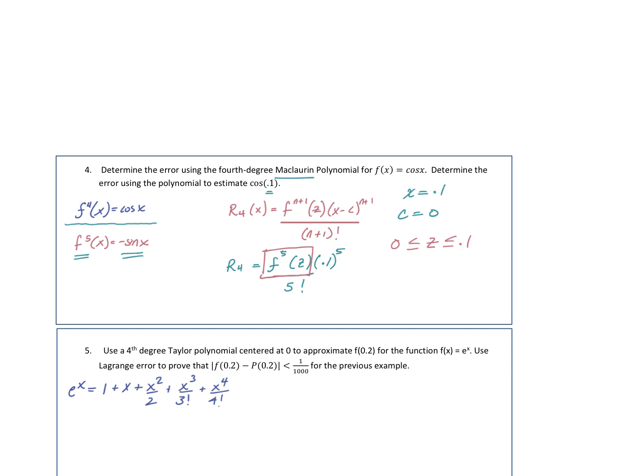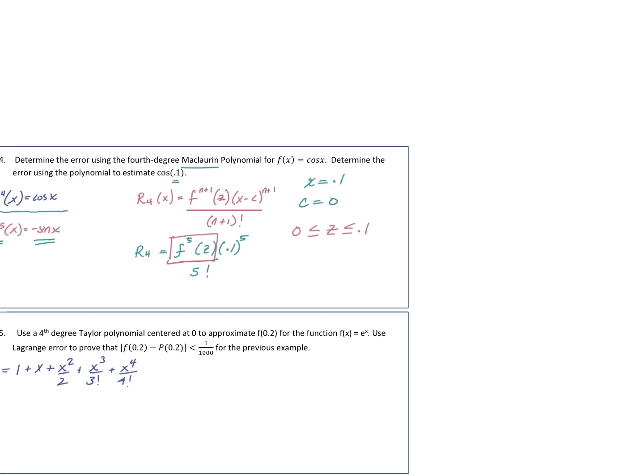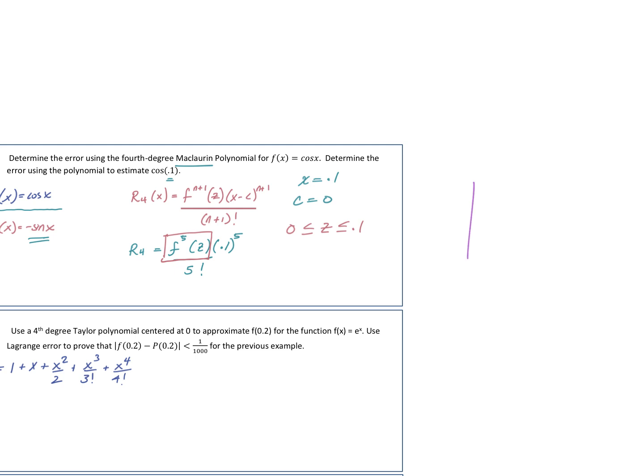We can say, well, I know cosine goes from 1 to 0, there, to there, to there. So I know that cosine of 0 is going to be the largest value because it's equal to 1.